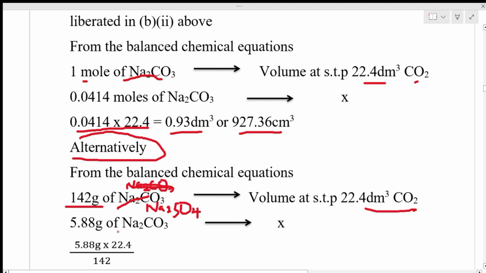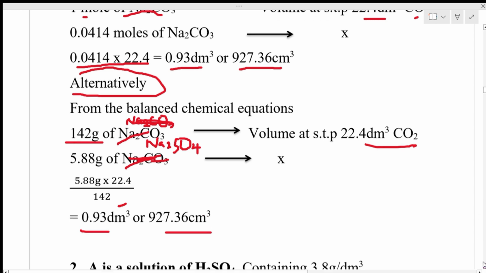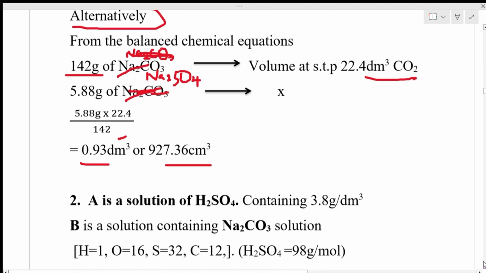The same thing: the 5.88 grams of Na2SO4 gotten from above will now give us X. When we multiply, 5.88 multiplied by 22.4 dm³ divided by 142, we get the same answer. So either method can work for us to get the same answer. It's a stoichiometry reaction. So let's quickly dive to number 2.